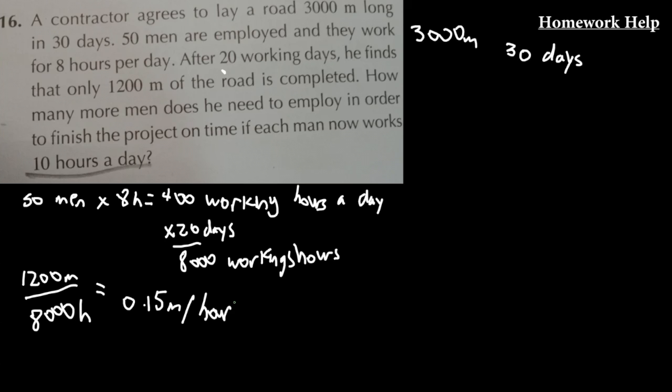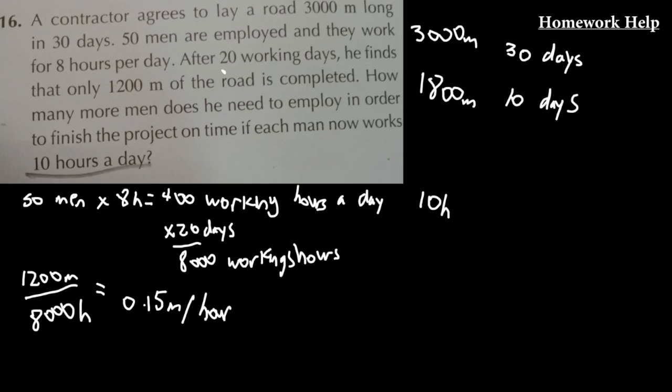So how many do we have left? Well, we need to finish 1,800 meters and we only have 10 days. Now that we have the rate of 0.15 meters per hour, we can divide the 1,800 meters left by our rate, 0.15 meters per hour.